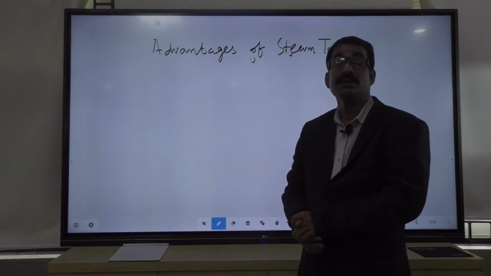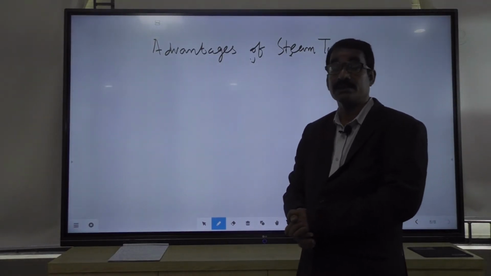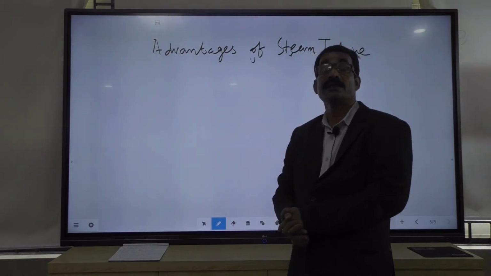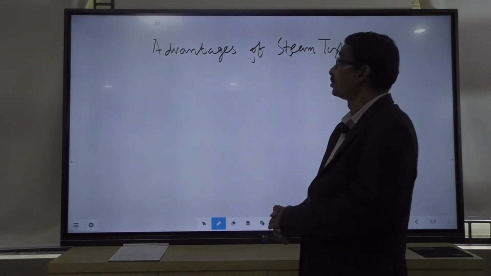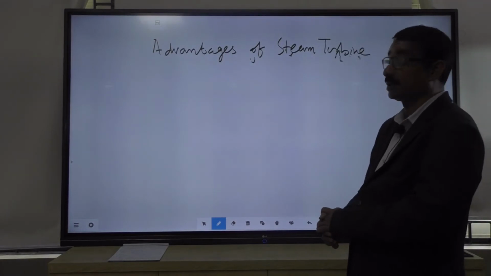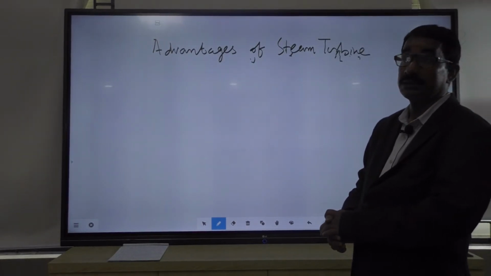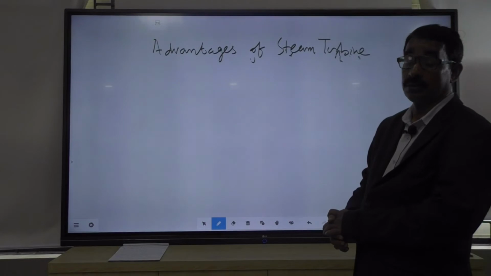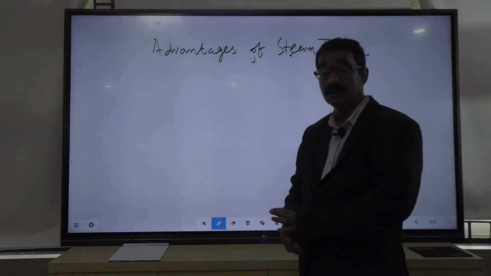That means there is less friction because there is no sliding motion, it is only rotary type, the blades rotate. But in the case of a steam engine, the piston glides inside the cylinder.